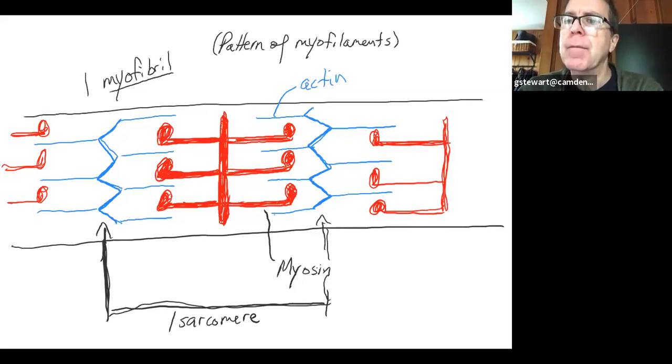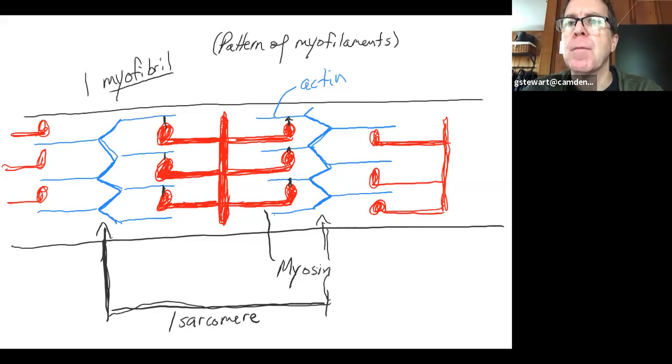What's going to happen when a muscle contracts is this myosin head is going to reach up and attach to its corresponding actin molecule, the closest molecule. So it reaches up and grabs the actin molecule.